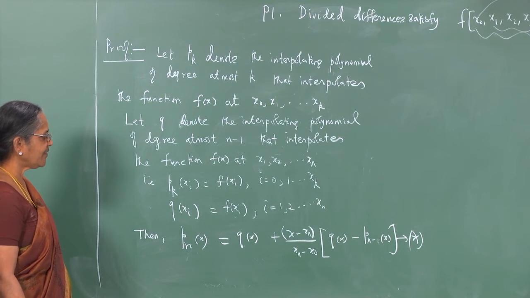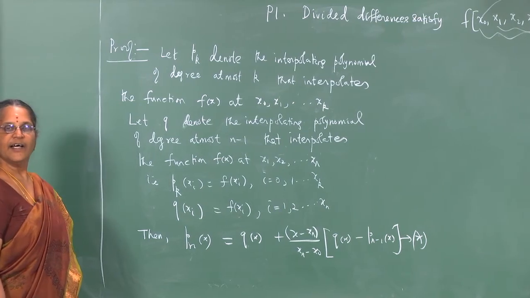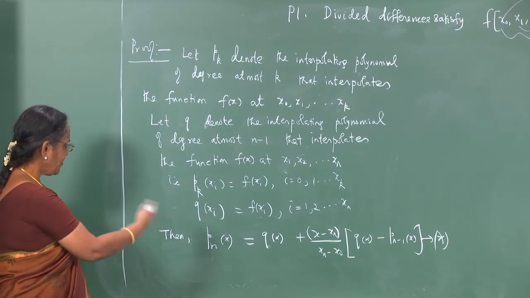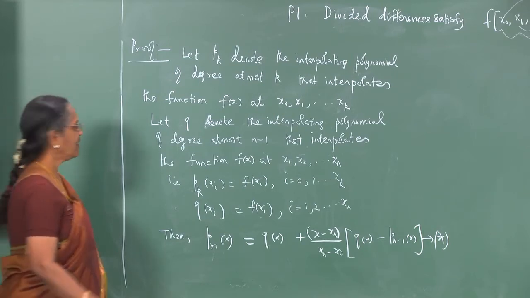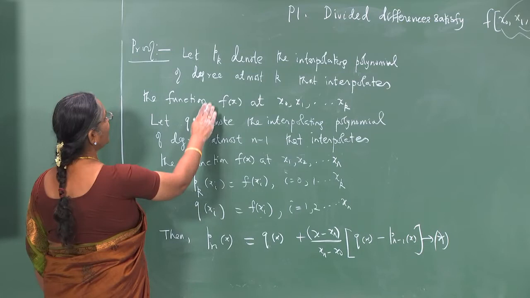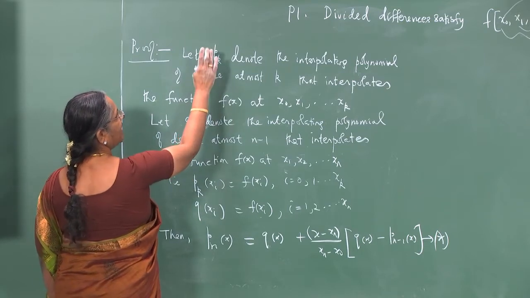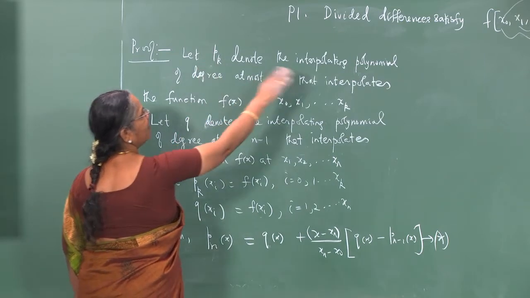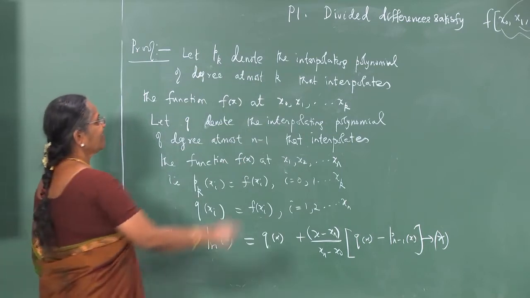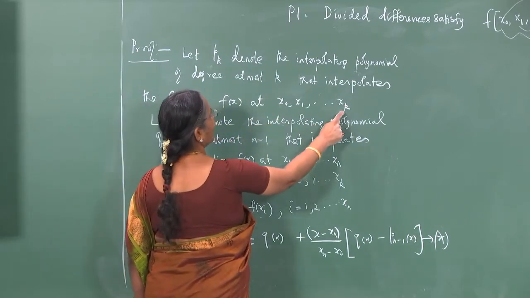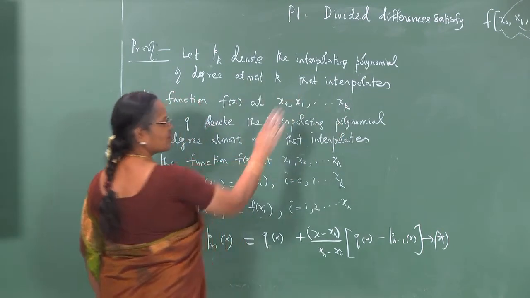Let us look at the expression star and see what about the left hand side. The left hand side is a polynomial of degree n. How do I say that? I have given already the notation. By Pk I mean the interpolating polynomial that interpolates the function at x0, x1, etc., xk, and it is of degree at most k.